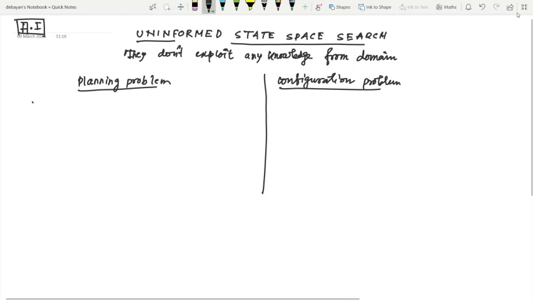In the case of the planning problem, the solution is a path, and in the configuration problem the solution is a state.